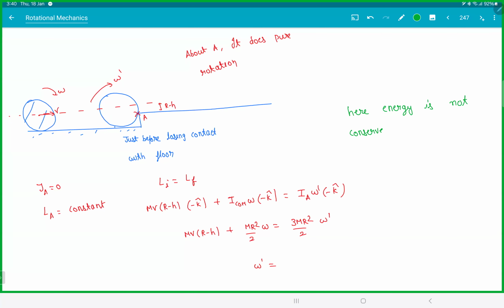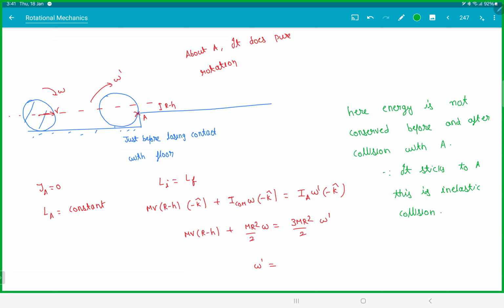Here, energy is not conserved before and after colliding with A. Once the collision is over, energy is conserved. You hear the word sticks, it means there's a deformation. Since it sticks to A, there is a deformation. This is an inelastic collision.